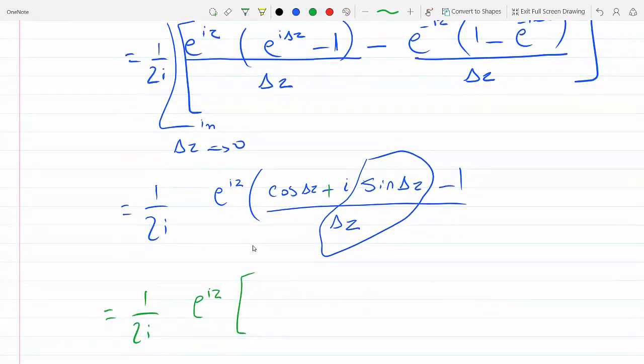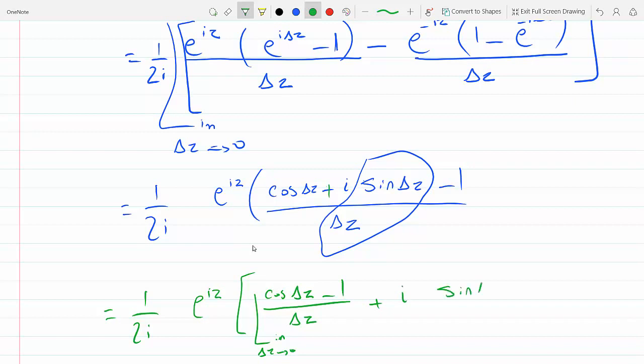So this becomes cosine delta z minus 1 over delta z, and we will take the limit of this as delta z goes to 0, plus i sine delta z over delta z.